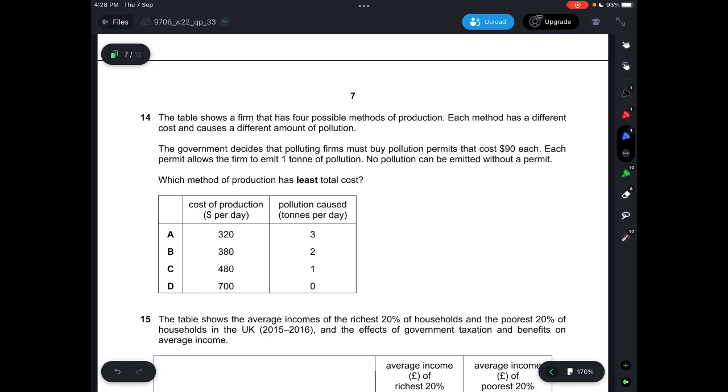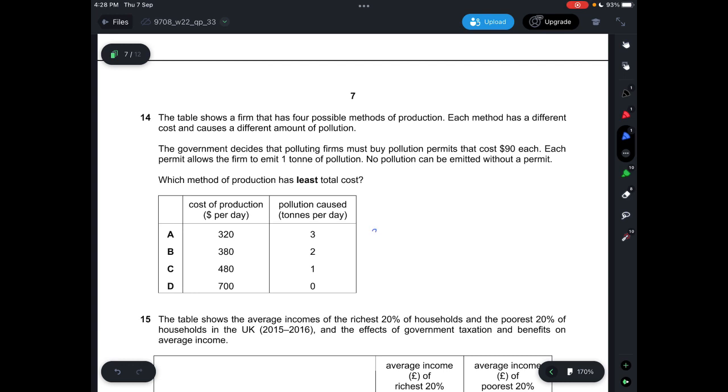Okay, so least total cost. You can see here that in order to calculate this one, cost of production is $320 per day, 3 tons per day.